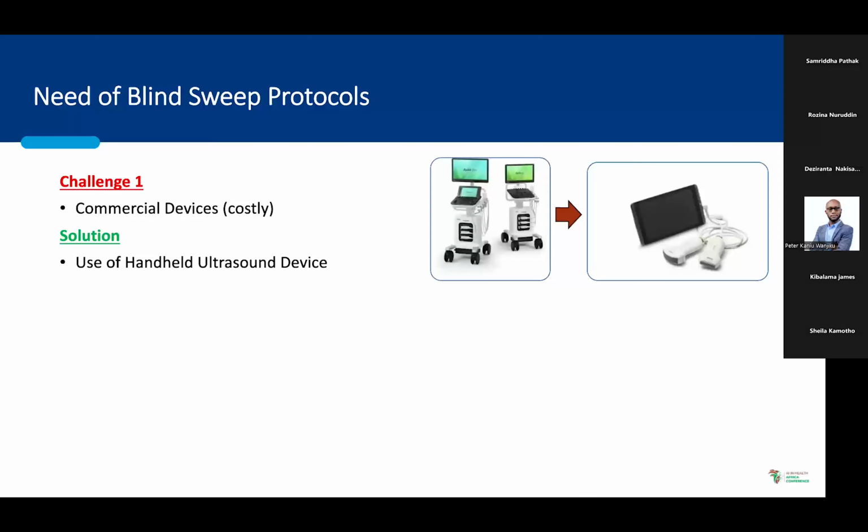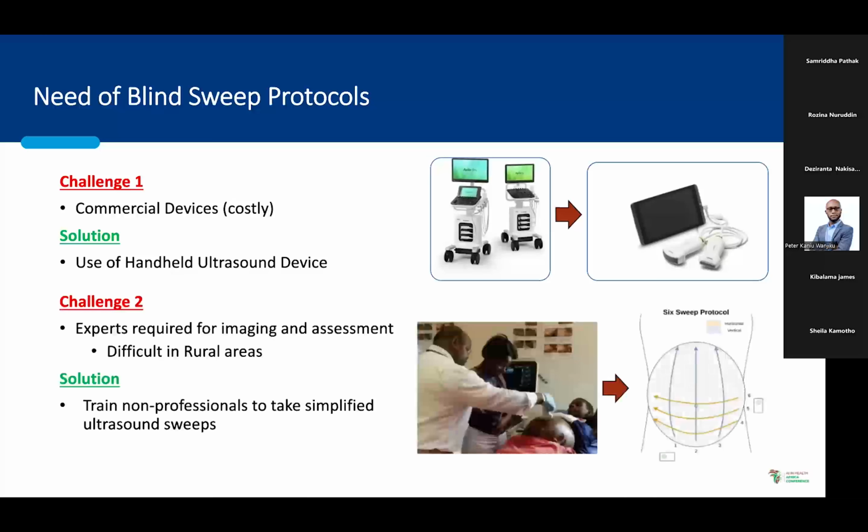Blind sweep data is really needed because, firstly, the commercial devices that are in the hospitals are a bit costly, and shifting to blind sweep protocols allows you to use handheld ultrasound devices. And secondly, the challenge with the standard scan is you need experts, and in rural areas or settings in LMIC, low and middle income countries, you often do not have expensive devices as well as experts.